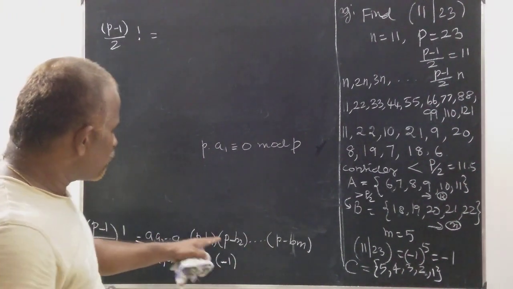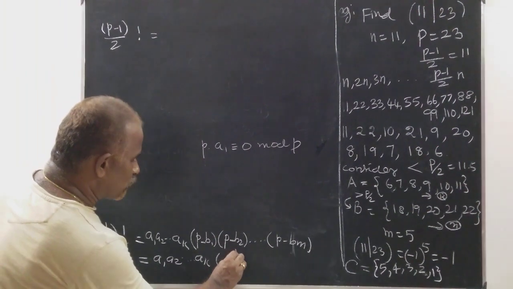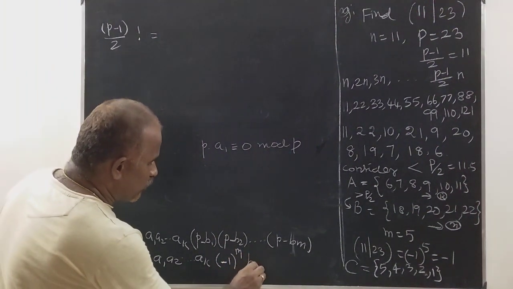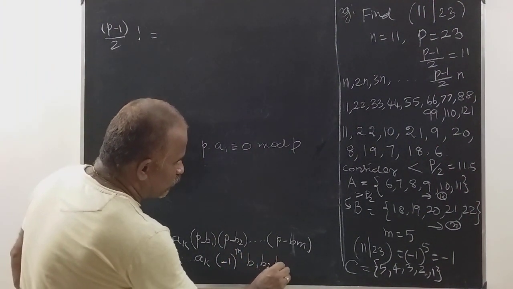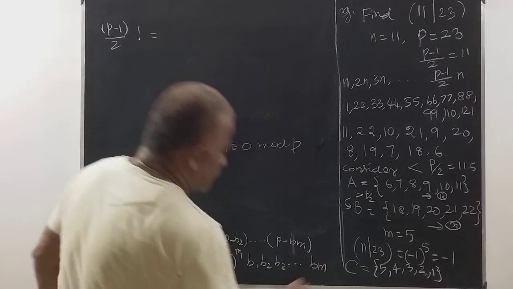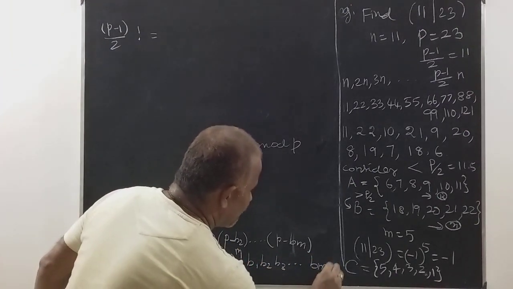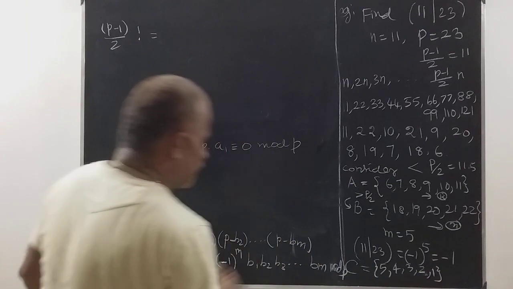How many times minus 1, minus 1, minus 1? M times. So this is M times into B1, into B2, into B3, etc., Bm mod P.